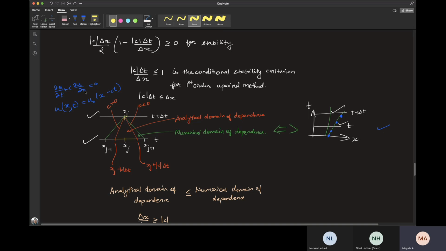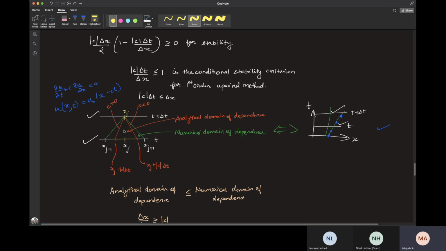Since your physical equation is governed by this c, these are the characteristics that can pass through the point xj. So now the value at xj is actually determined only by these 2 points. If suppose your initial condition had some velocity as well, then it will be governed by this whole region as well. So this is basically your analytical domain of dependence.